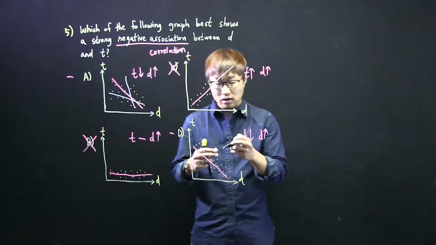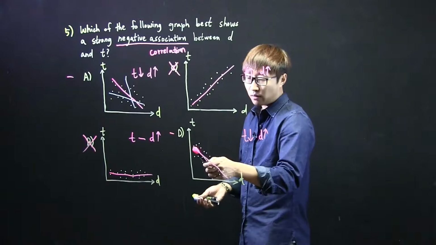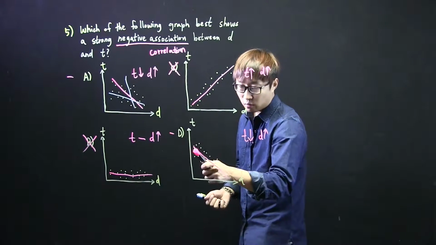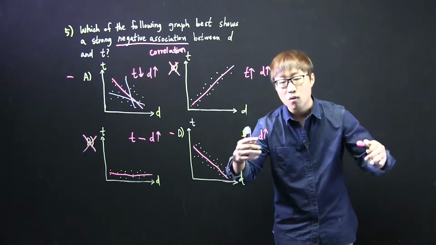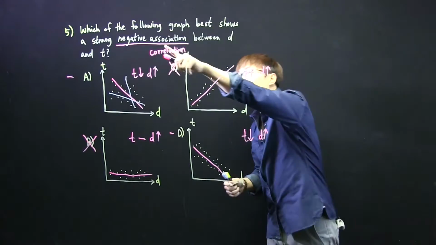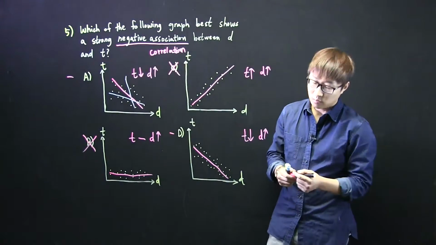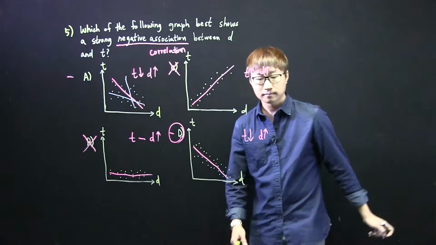Who knows? It's kind of hard to tell. But if you look at D, you see how the points are very close to each other and creating that trend right there, right? So clearly that is more obvious, aka stronger negative association between the 2 variables, and therefore my answer choice is D.